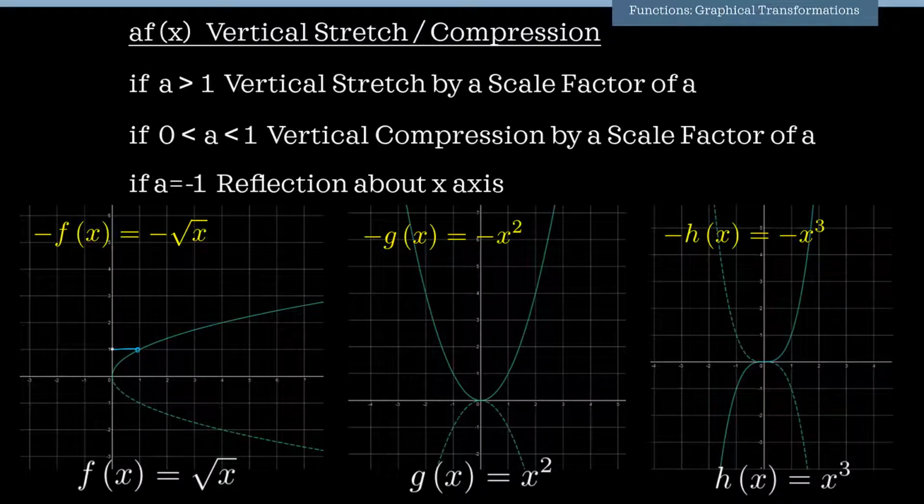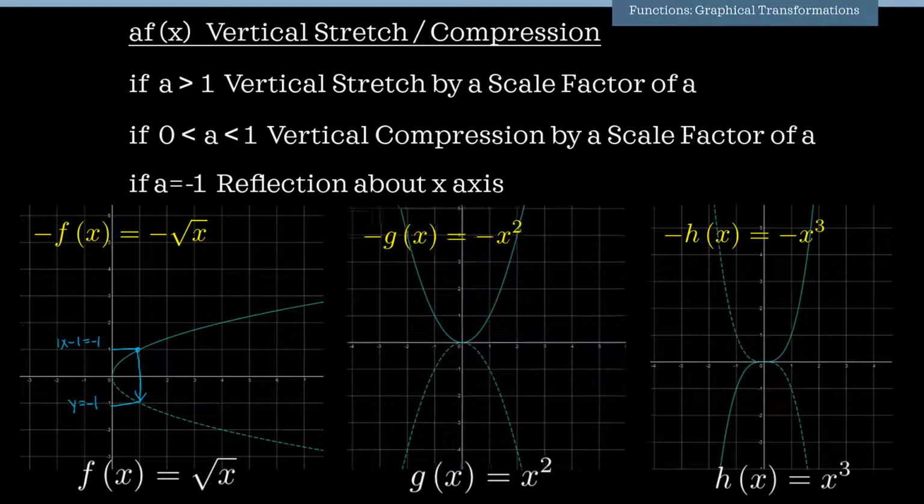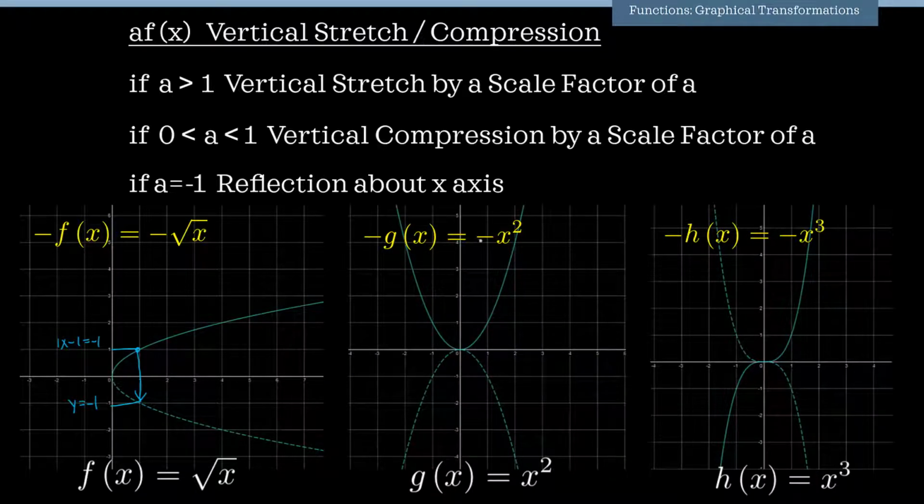Let's just take this point over here whose y coordinate is 1. If I multiply 1 by -1, it's going to be -1. So this point moved over here, the x coordinate remained the same, but the y coordinate became -1. The same happened with the function g of x. Let's take this point over here whose x coordinate was 2 and y coordinate was 4. If I multiply 4 by -1, it's going to be -4.